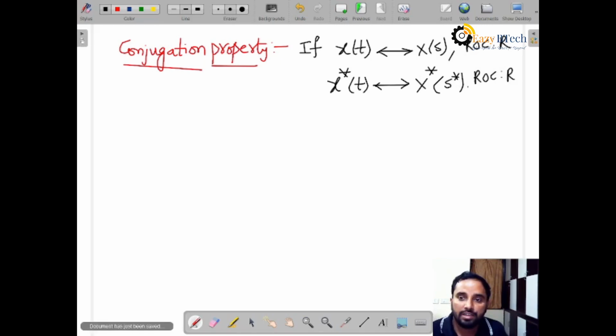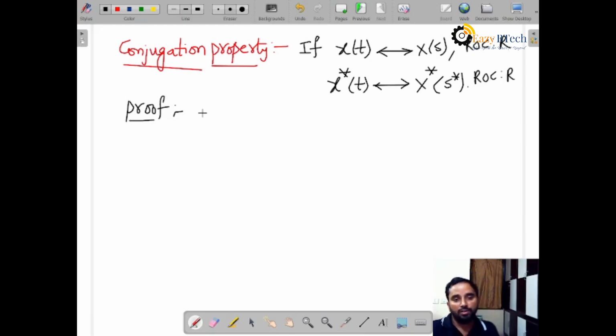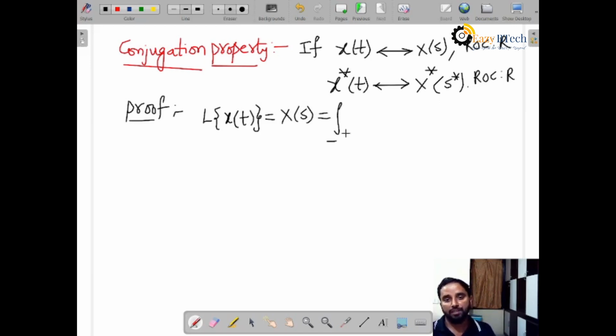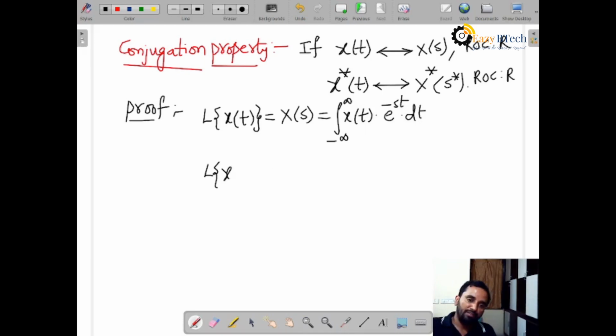Right? Let's see the proof. The proof is from the Laplace formula. We know Laplace transform of x of t is equal to X of s is equal to integral from minus infinity to plus infinity x of t e power minus st dt. Now we want the Laplace transform of x star of t.